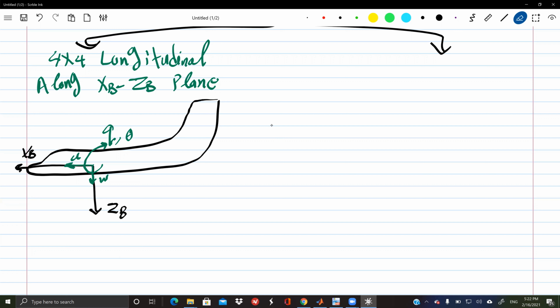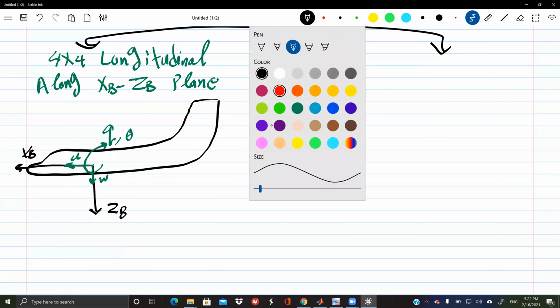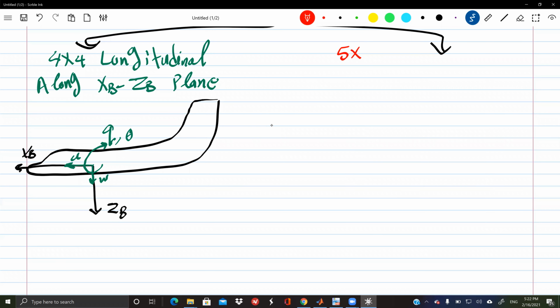All right, what is the other motion? The other motion, what we call lateral. So it's the other variables. Lateral flight dynamics, anything out of the XZ plane. Like what?